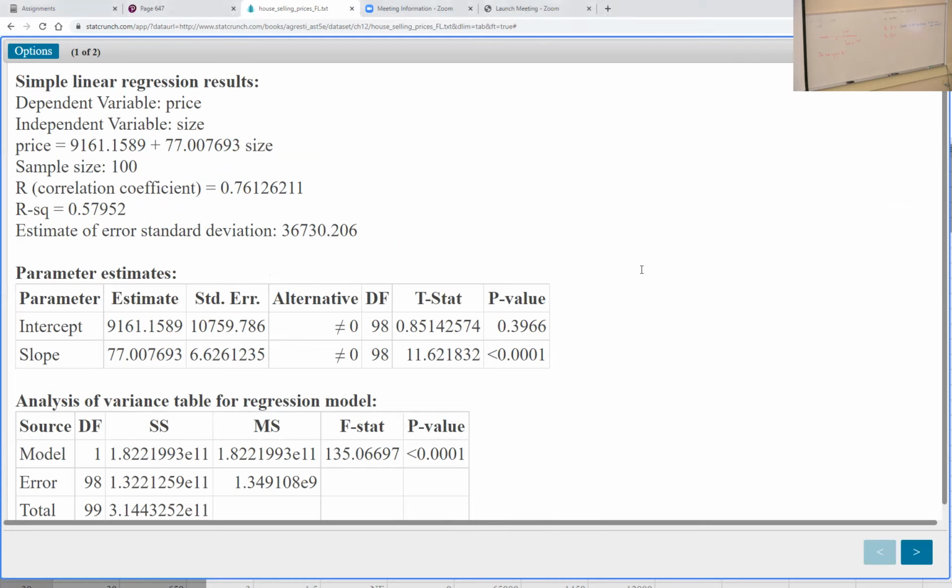So that is what I get for our fitted model. The model is price is 9,161.16 approximately, plus 77.007 multiplied by the size.